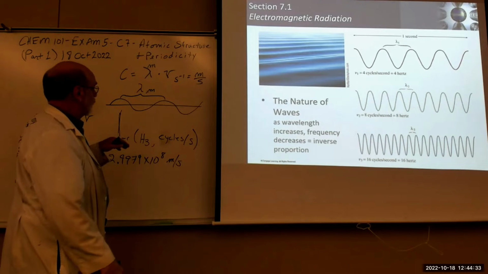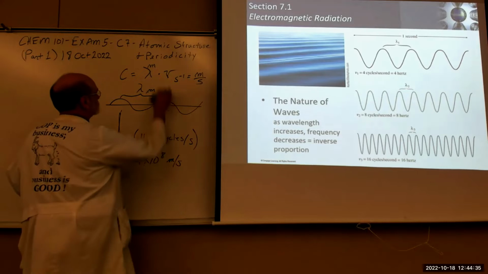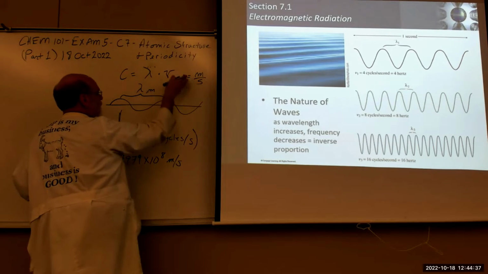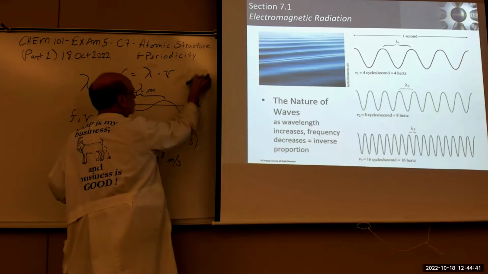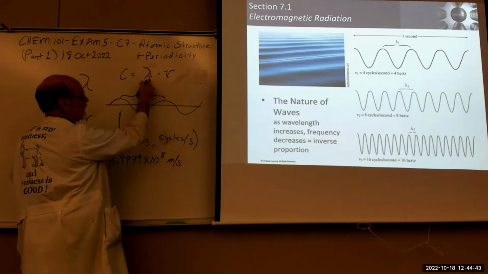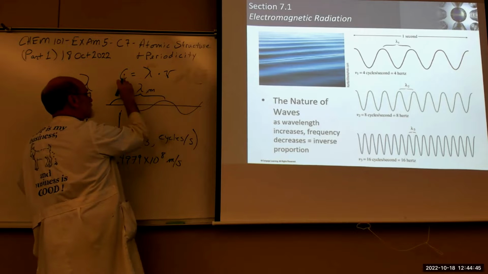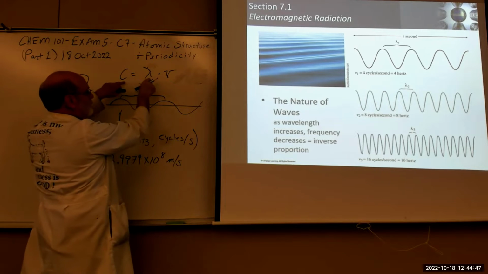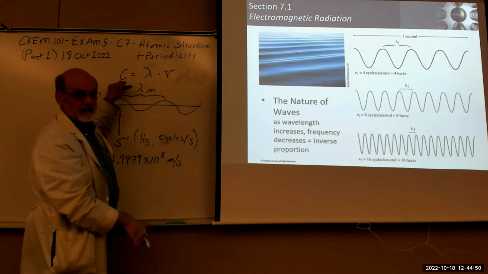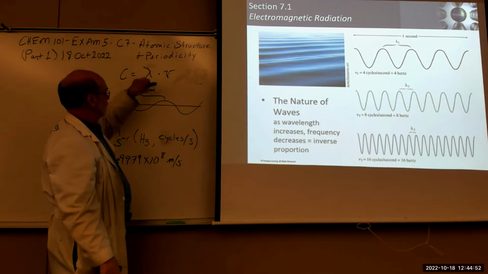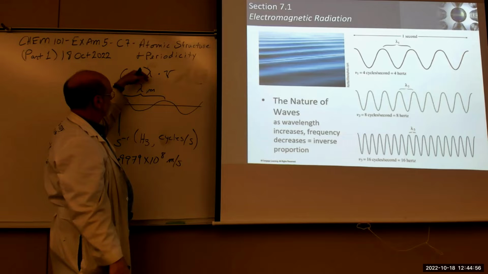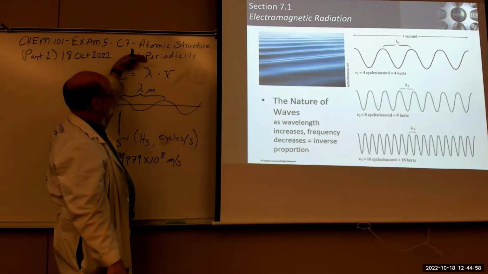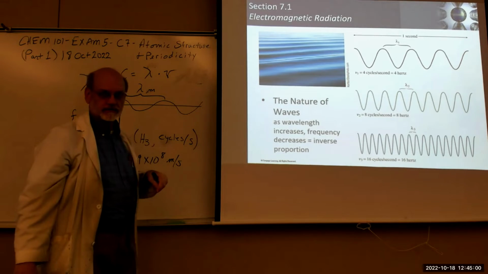And like I've said before, if you have two variables that are equal to a constant, just like this, that's a variable, and this is constant. So if this one goes up, that one has to go down, and vice versa. That one gets shorter, this one gets longer. If this one gets longer, then that one gets shorter.